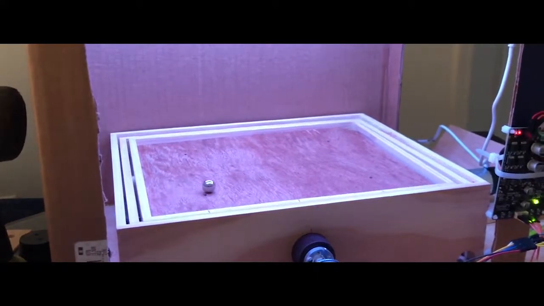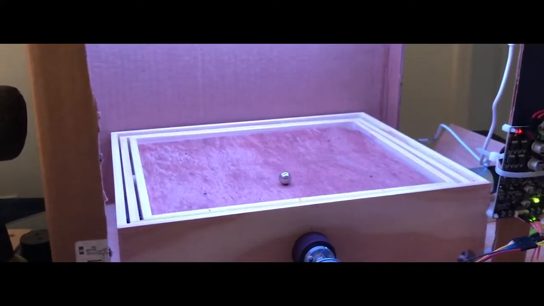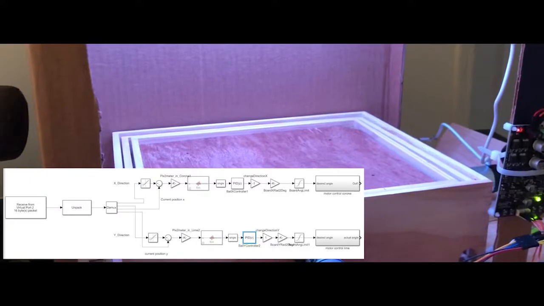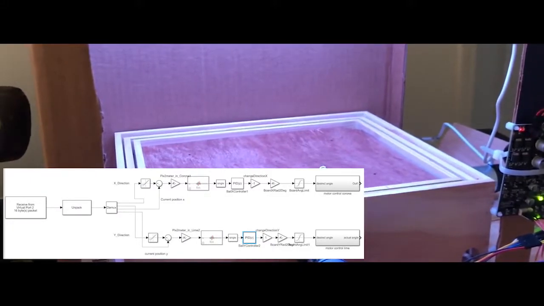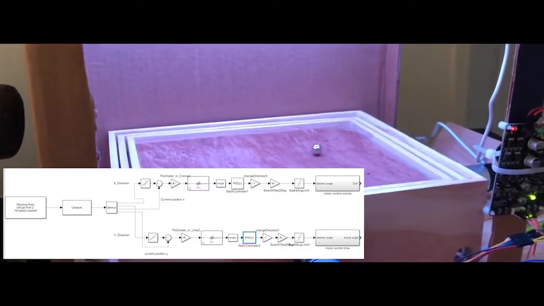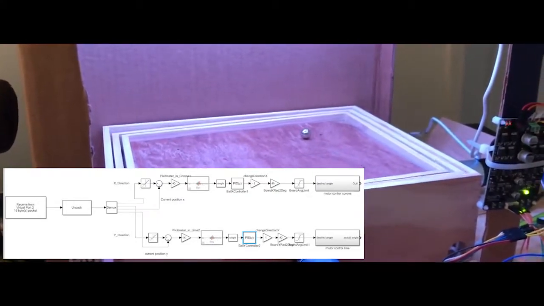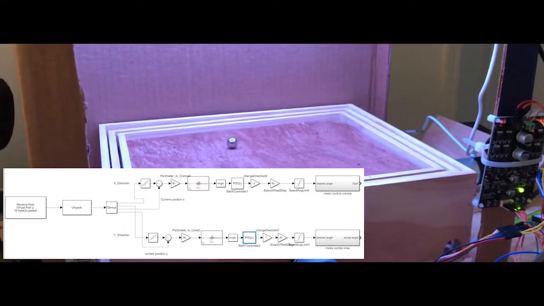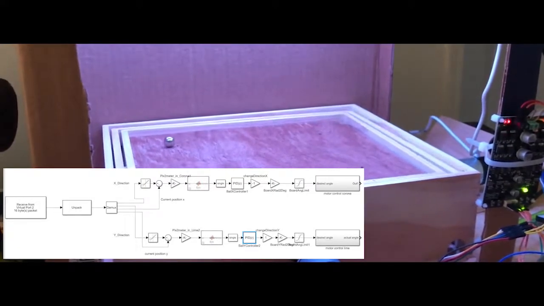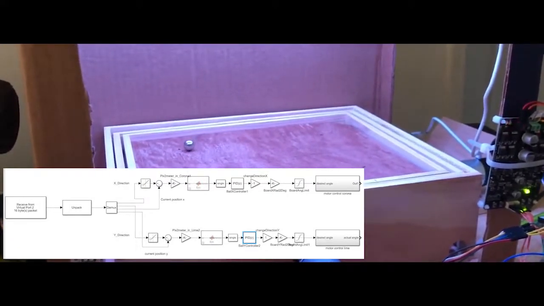Now we'll talk about going through the Simulink of the actual controllers and how the data used from the visual feedback was used in order to move the motors in certain ways.